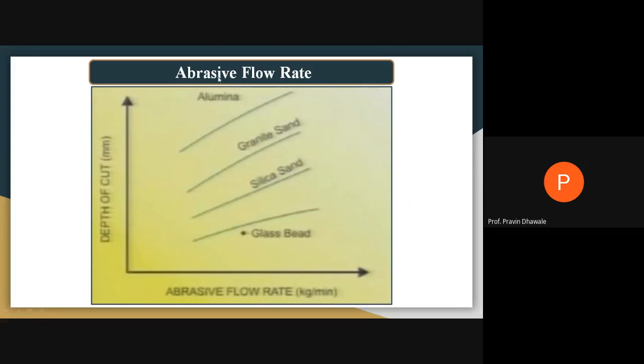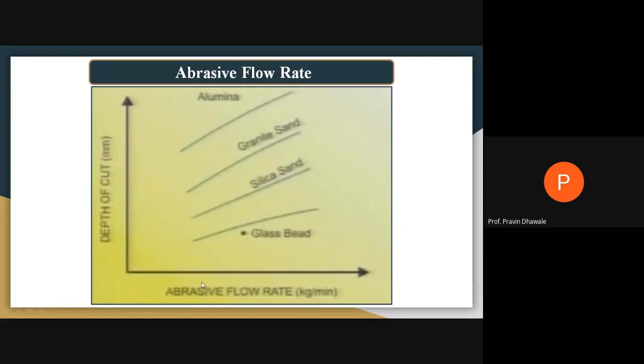As we study the effect of abrasive flow rate on the depth of cut, on the x-axis we are taking the abrasive flow rate in kg per minute, and on the y-axis we have taken the depth of cut or material removal rate in mm.